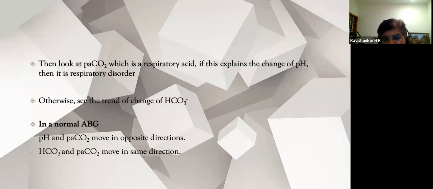Okay, so lactic acid. These are the components that you use to interpret the blood gas. Obviously, if the pH is low, you interpret it as metabolic acidosis. But if the pH is not so low, because the carbon dioxide is doing the compensation, then you have to say it is a respiratory compensation of metabolic acidosis.